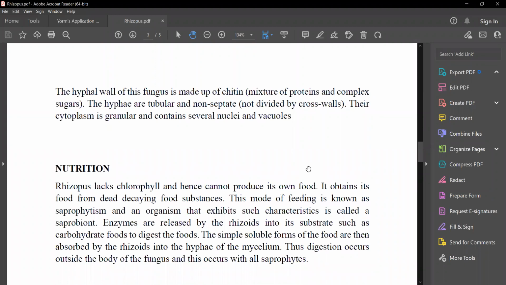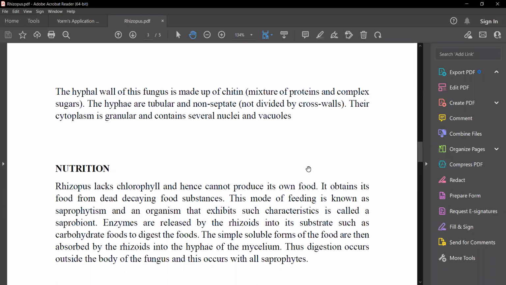Now, we all know that digestion needs to take place before the nutrients are absorbed. And here lies the case that the Rhizopus doesn't have this mechanism. So enzymes are released from the rhizoids into the substrate. These enzymes break down whatever food substances you have in the substrate.